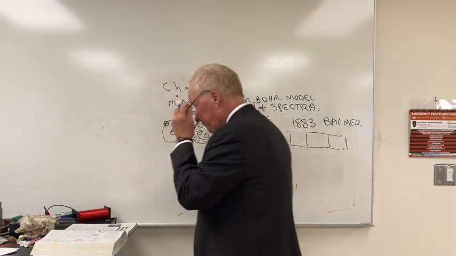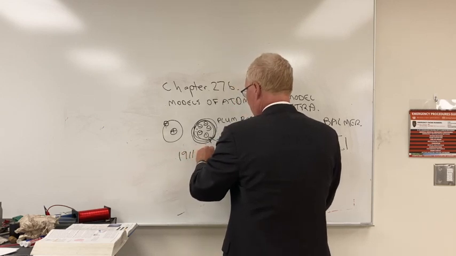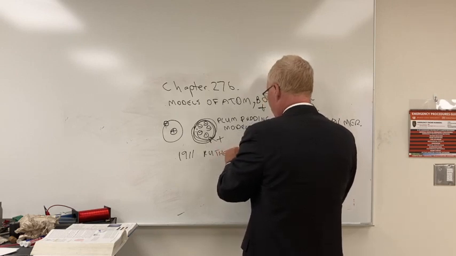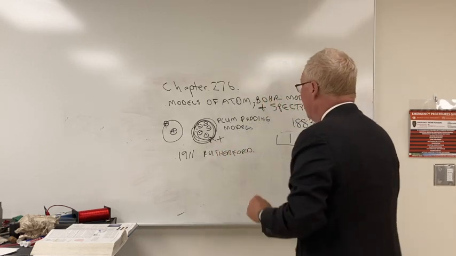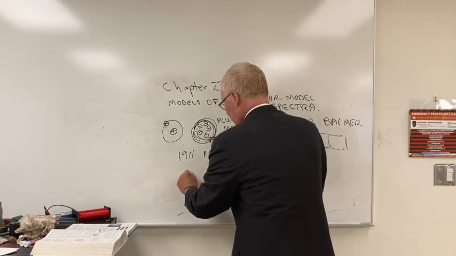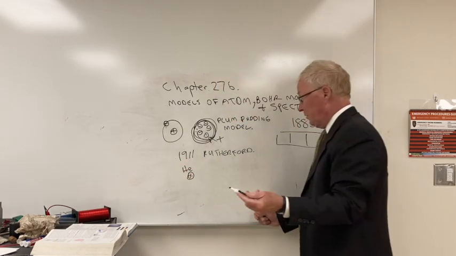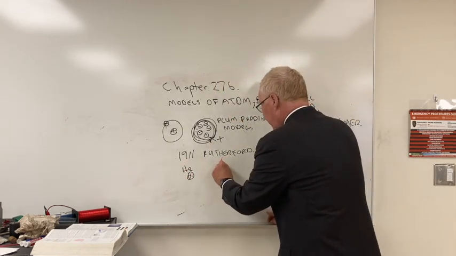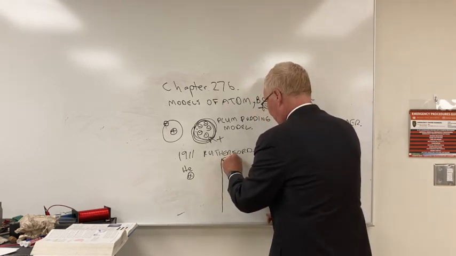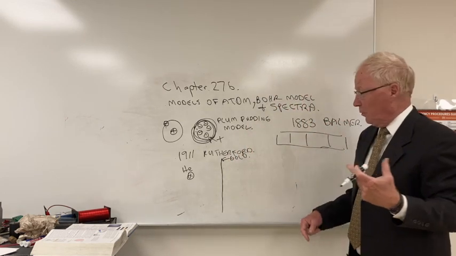And then in 1911, Rutherford was doing experiments shooting alpha particles, which are helium nuclei of 2 protons and 2 neutrons, at very, very thin sheets of gold, extremely thin. They were transparent, they were so thin.